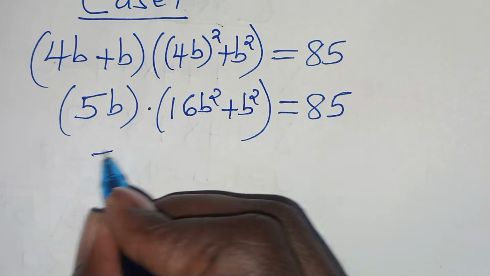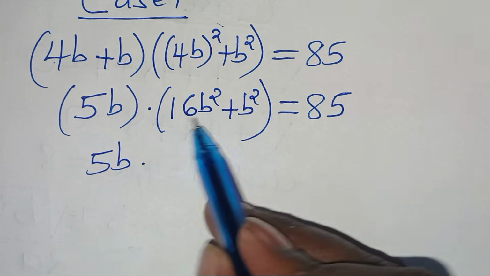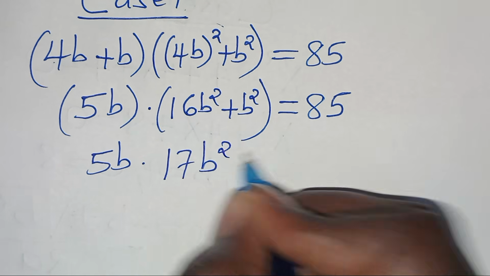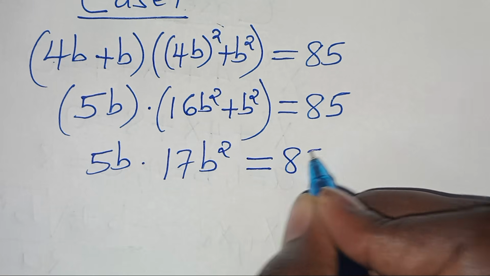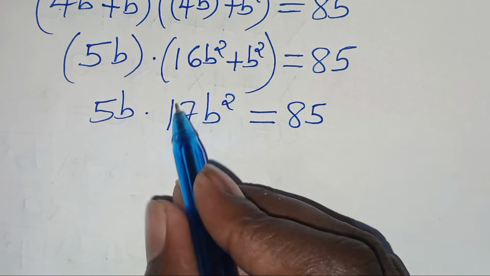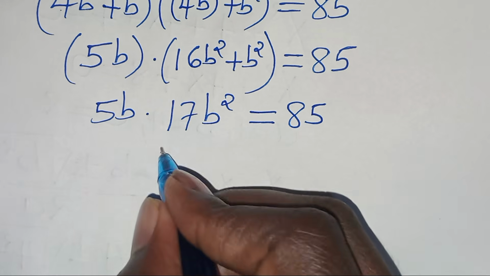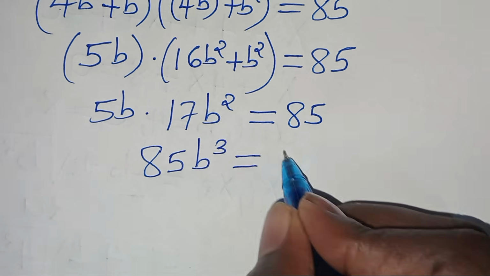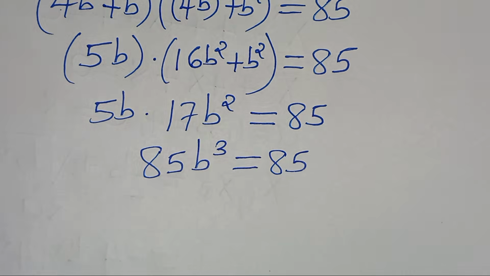So we have 5b multiplied by 16b squared plus b squared, this is 17b squared, and this is equal to 85. So we have 17b squared times 5b, this is 85b to the power of 3, and this is equal to 85.